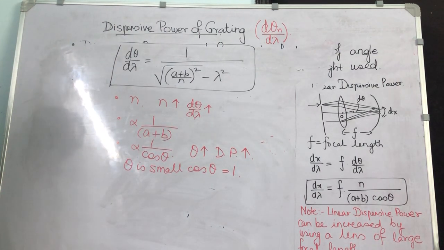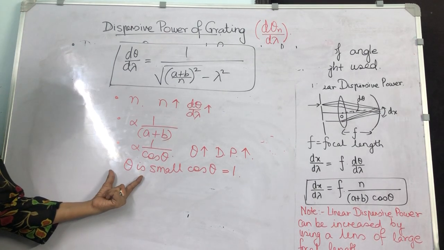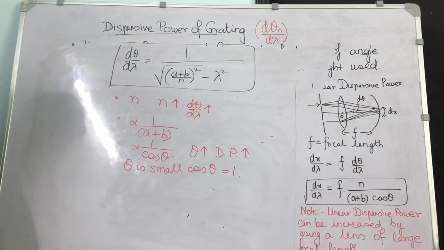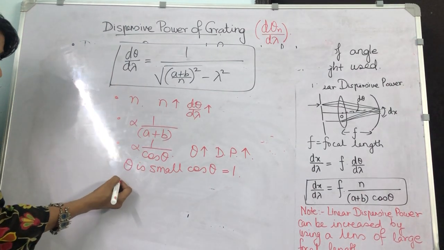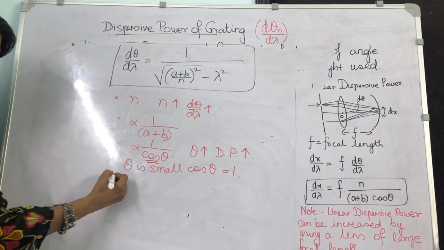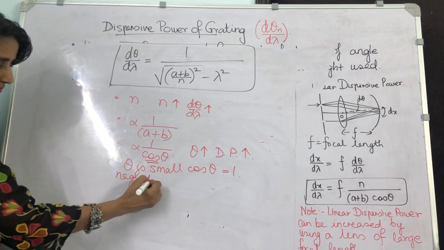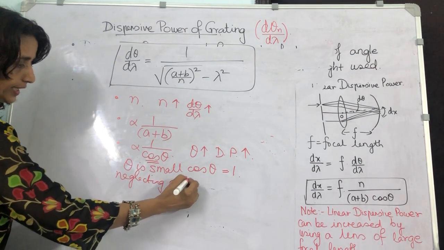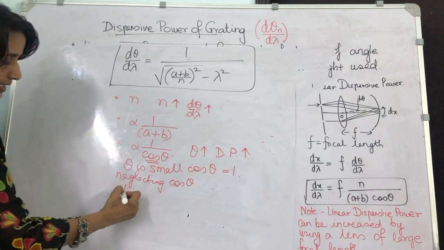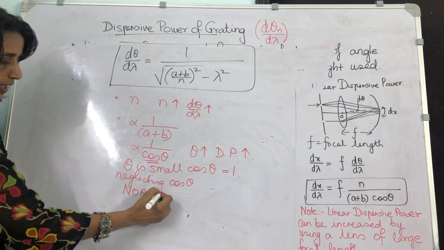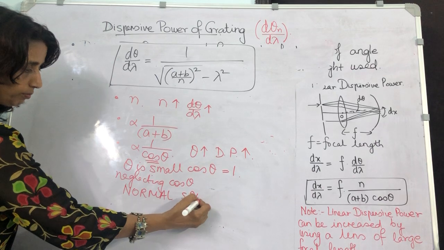Hence, the influence of the factor cos theta on dispersive power may be taken as negligible, and angular dispersion of two spectral lines in the particular order is directly proportional to the difference in wavelength between the two spectral lines. When you are neglecting the cos theta factor, such a spectra which gets formed is known as normal spectra.